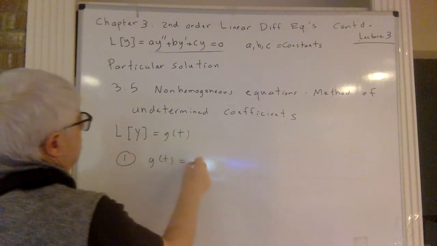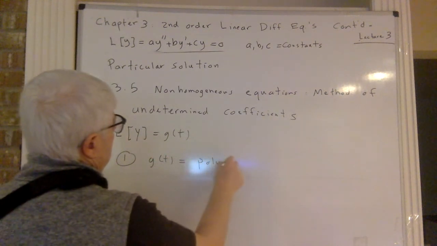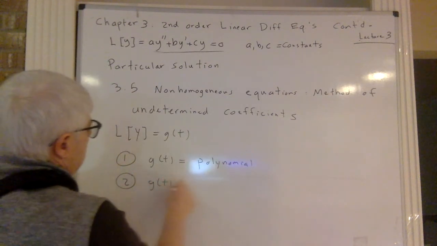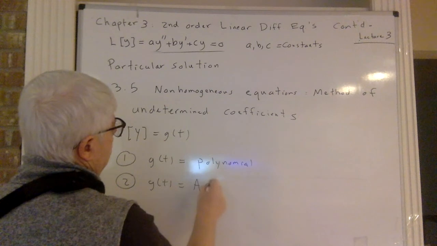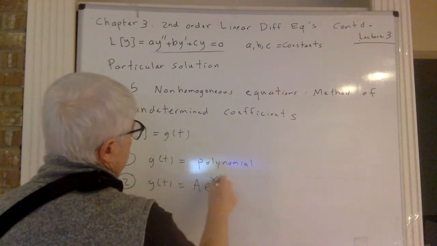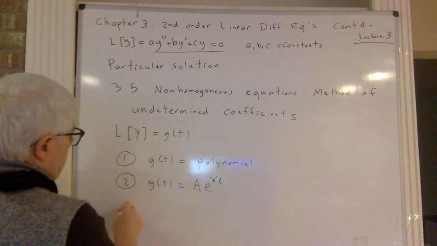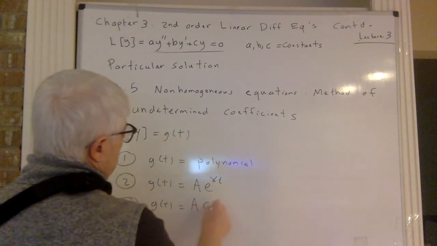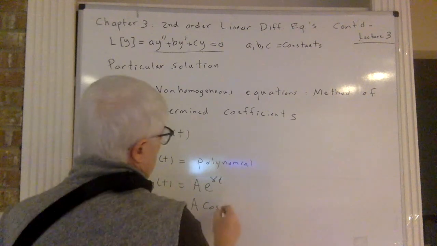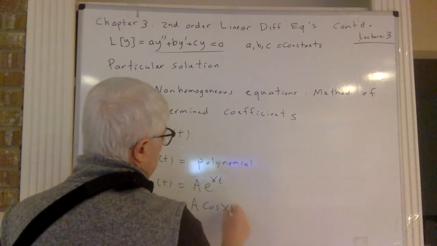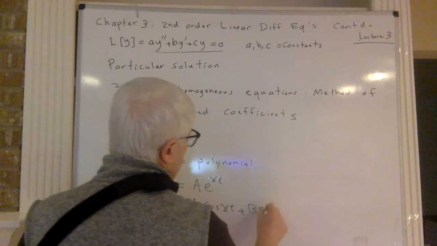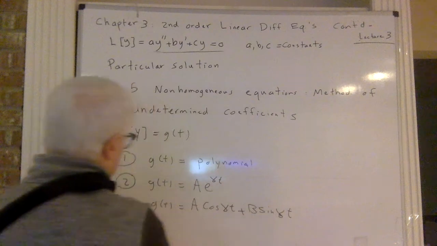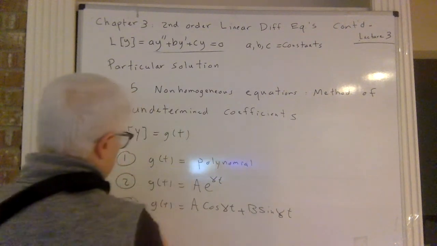One, g(t) is a polynomial. Two, g(t) is an exponential function, e to the power gamma t, for example. Three, g(t) is something like a cosine, a cos gamma t plus b sin gamma t. And four is a linear combination of one, two, and three.